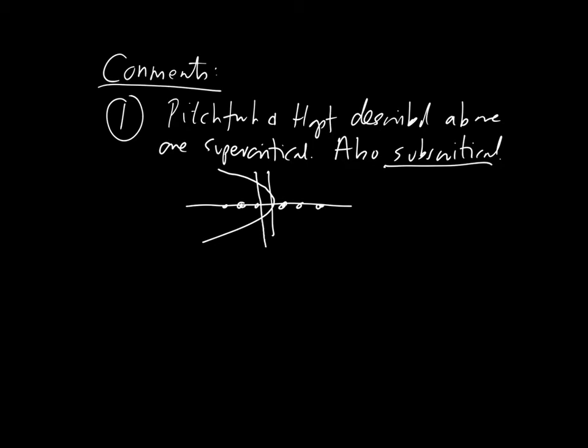What happens is that this is attracting to the left, and this is unstable. The non-trivial solution is unstable, and to the right the trivial solution is unstable. So in some sense you can think of unstable solutions bifurcating from the fixed point.